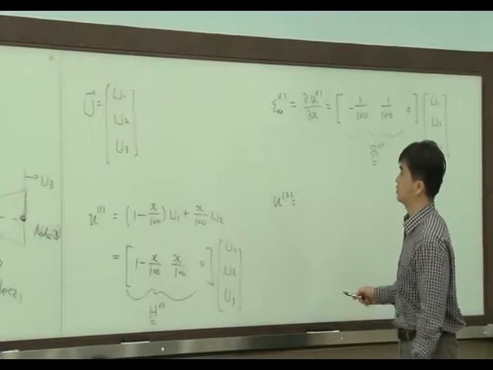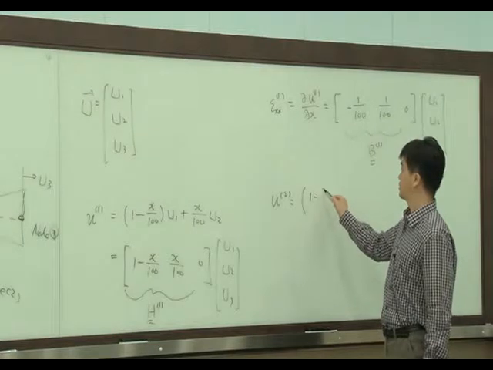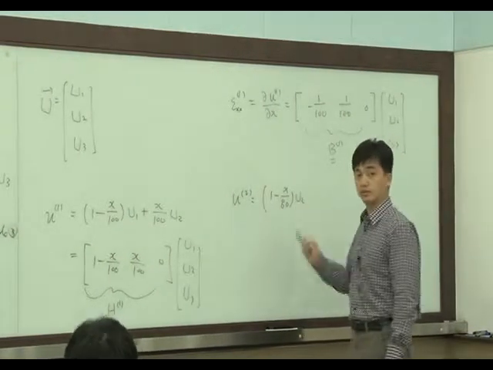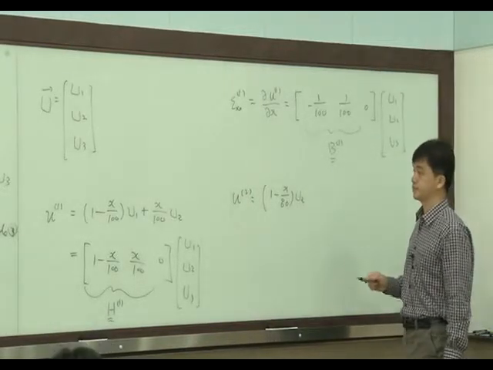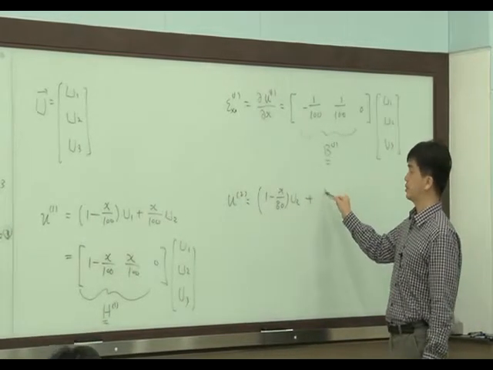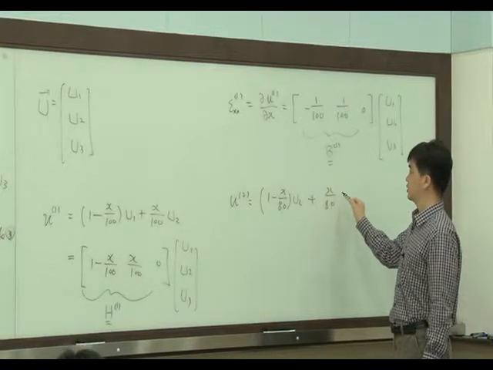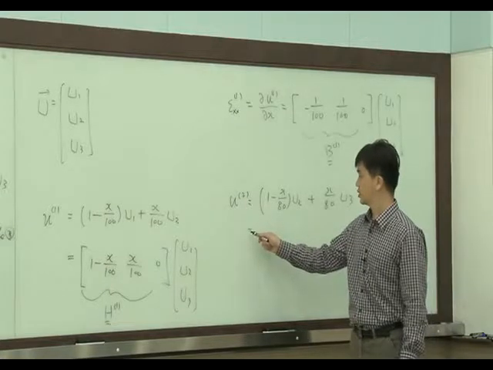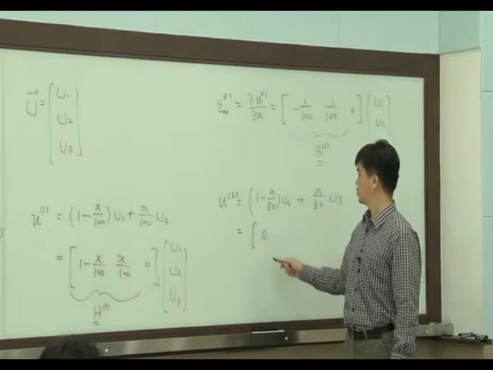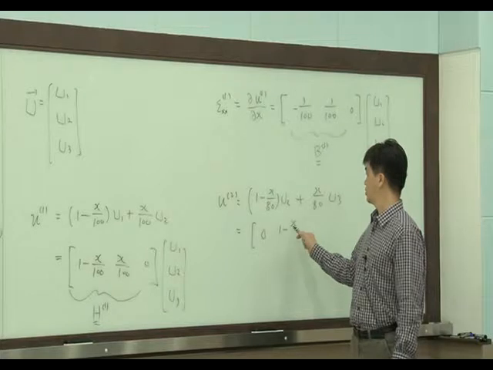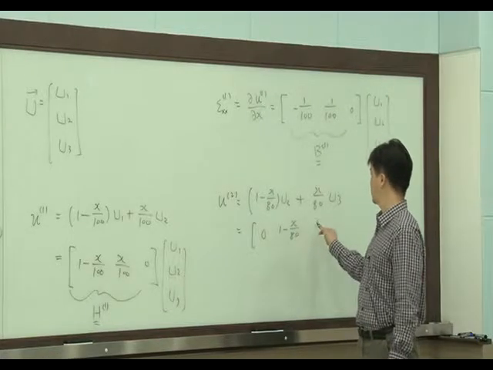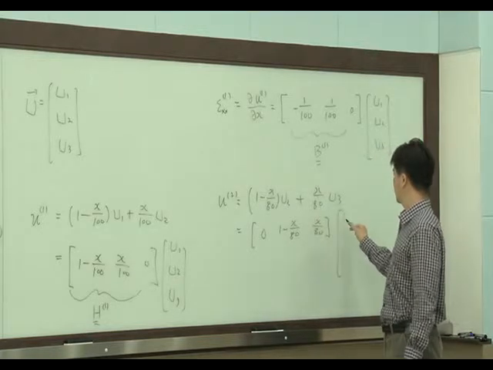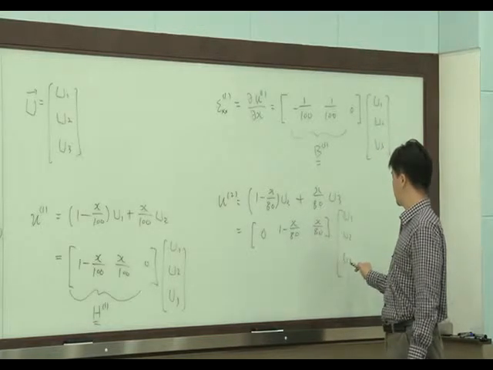Then u becomes (1 minus x over 80) u2, right, plus (x over 80) u3, which is 0, 1 minus x over 80, x over 80, times U1, U2, U3.